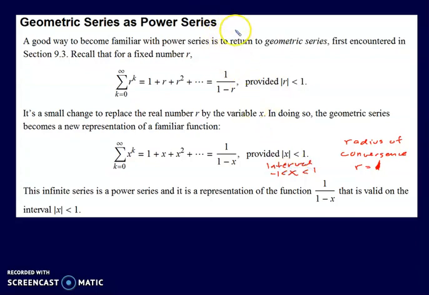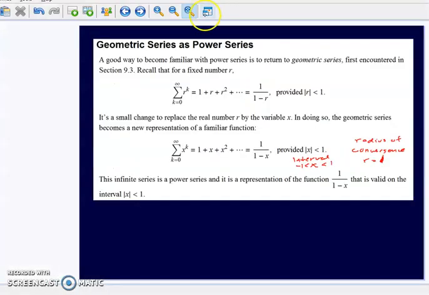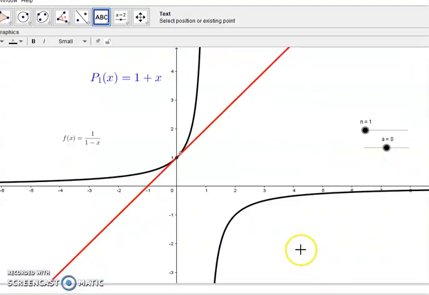I brought my graphing utility along with me here so we can demonstrate this principle, and you can see the interval of convergence working here. So what I've got is the black graph is the graph of the function 1 over 1 minus x. And in the red is the beginning of our power series. Now, we would have called this the first degree Taylor polynomial in the last unit.